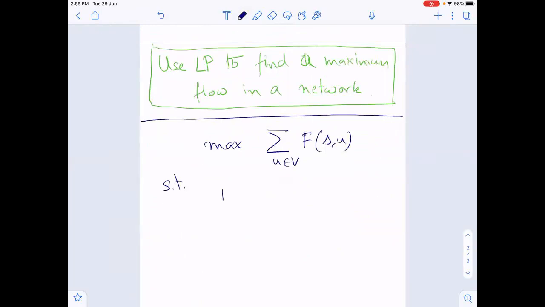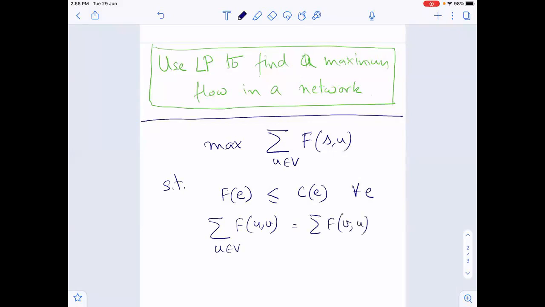Number one, f(e) is less than or equal to c(e) for all e. These are m inequalities. And the other one is that for every vertex, the sum of f(u,v) is equal to the sum of f(v,u) for all the vertices.